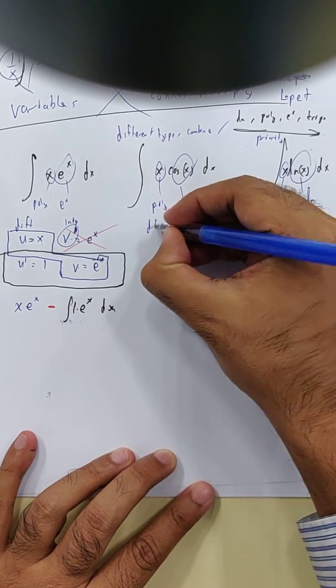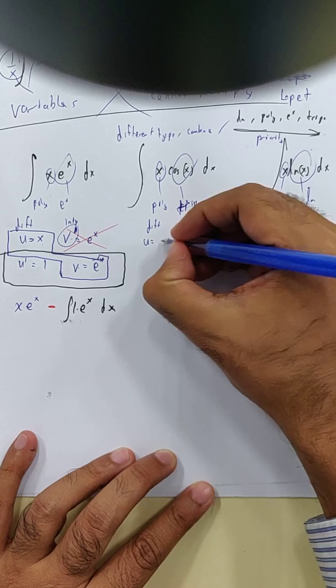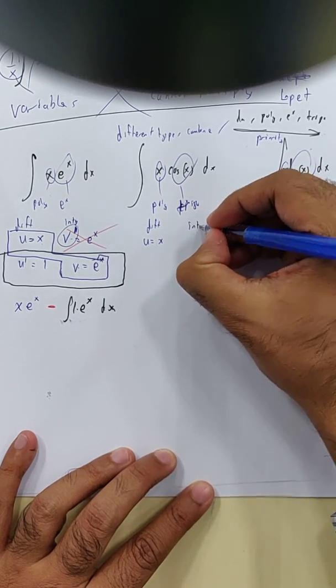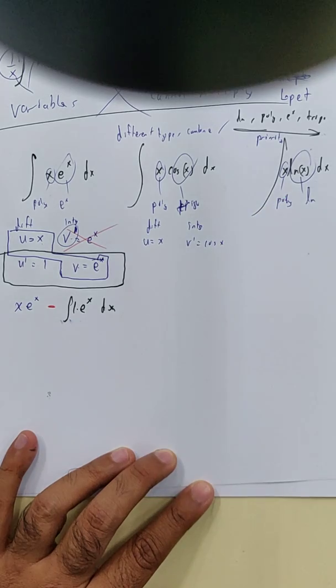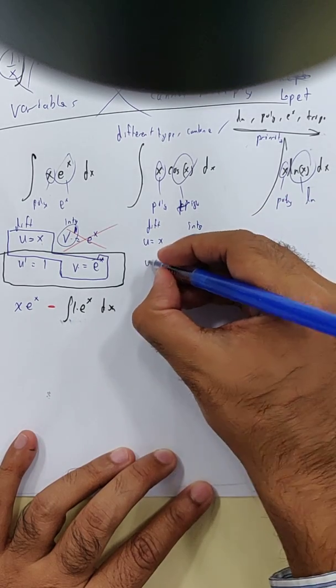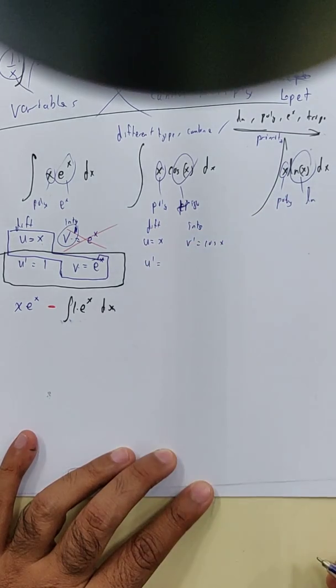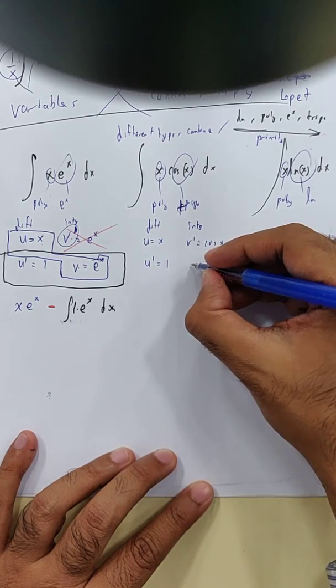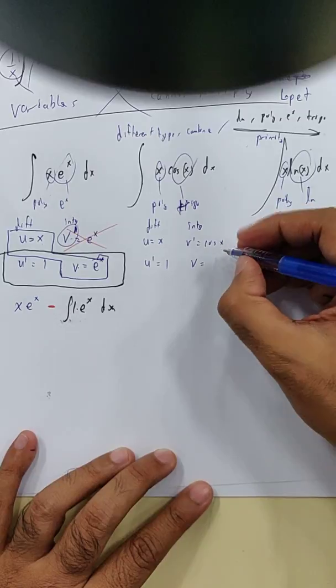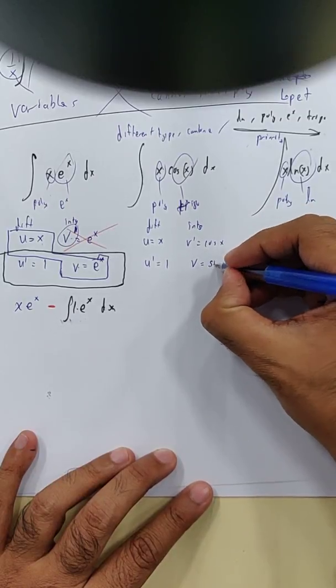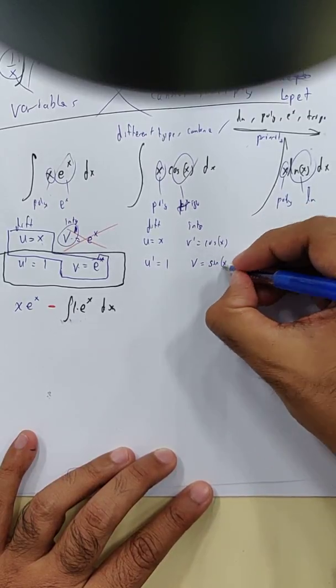I'm differentiating the poly. I'm integrating the trigo. Very good. So differentiating the poly, what do we get? 1. Integrating the trigo. Sin x. Are you okay?